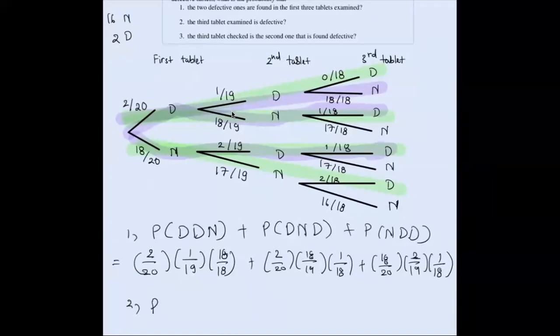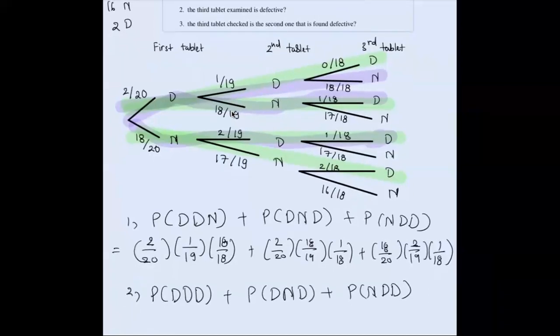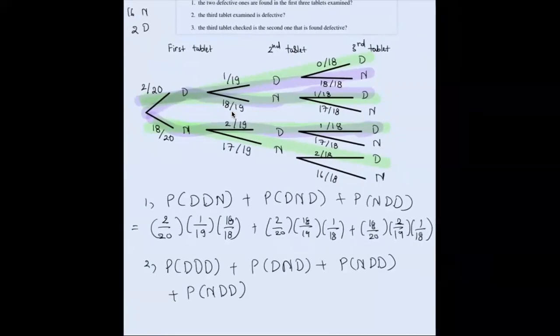So we have 4 ways here: defective, defective, and defective; defective, non-defective, and defective; non-defective, defective, and defective; non-defective, non-defective, and defective. The first way, we just multiply all the probabilities together and you should get 0 because the numerator here is 0.